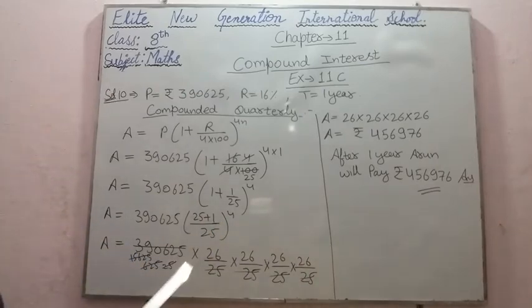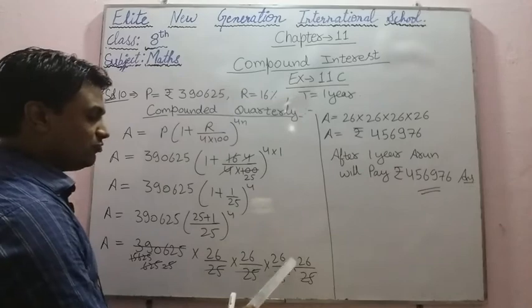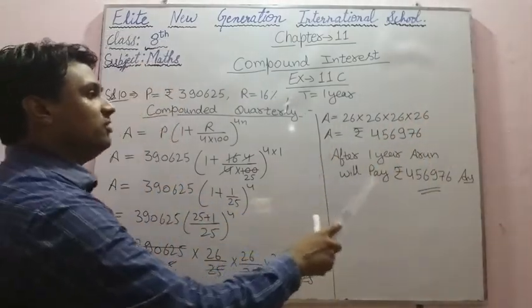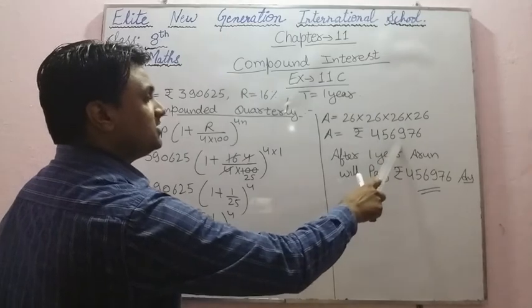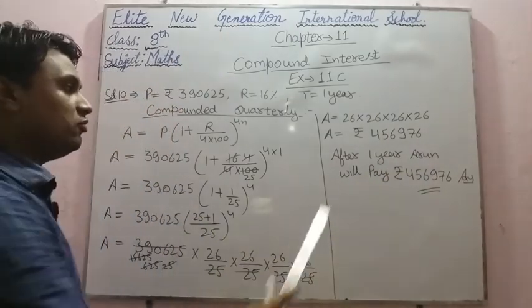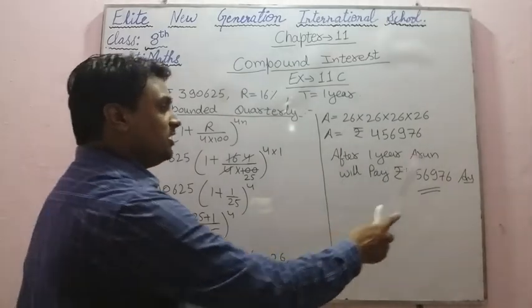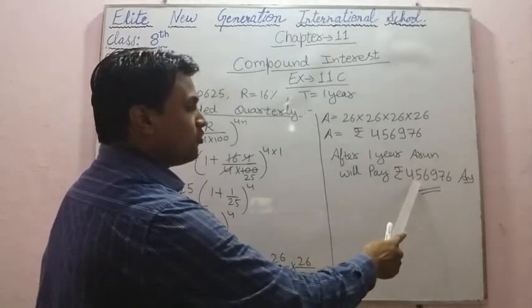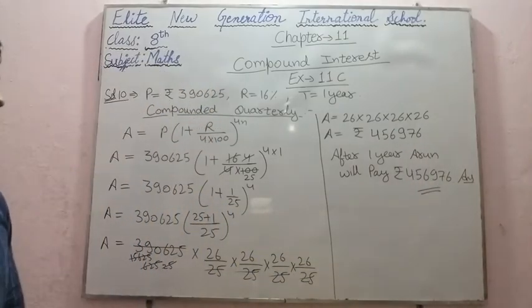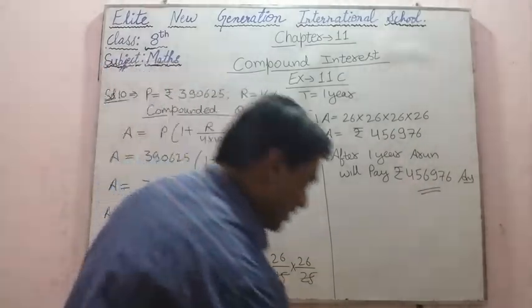So here we have 26 into 26 into 26 into 26. So when we multiply all these, it will be 4,56,976. That means after 1 year, Arun will pay rupees 4,56,976. So this much amount will be paid by Arun.